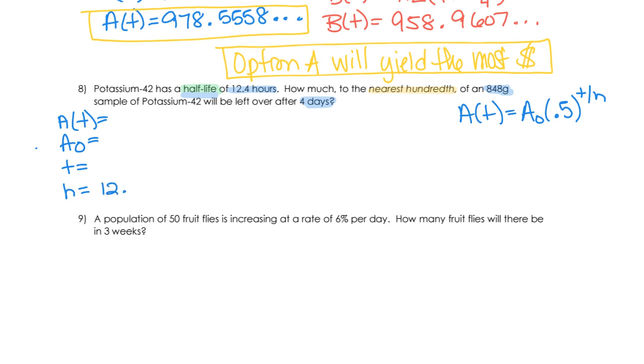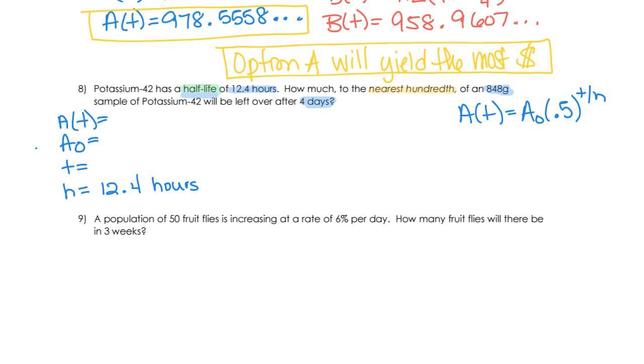That's our time, but it's the half-life time, and so it has to go in for lowercase h, not our T. And this is in hours because we have to make sure that those labels on there, those units, are the same for T and H.